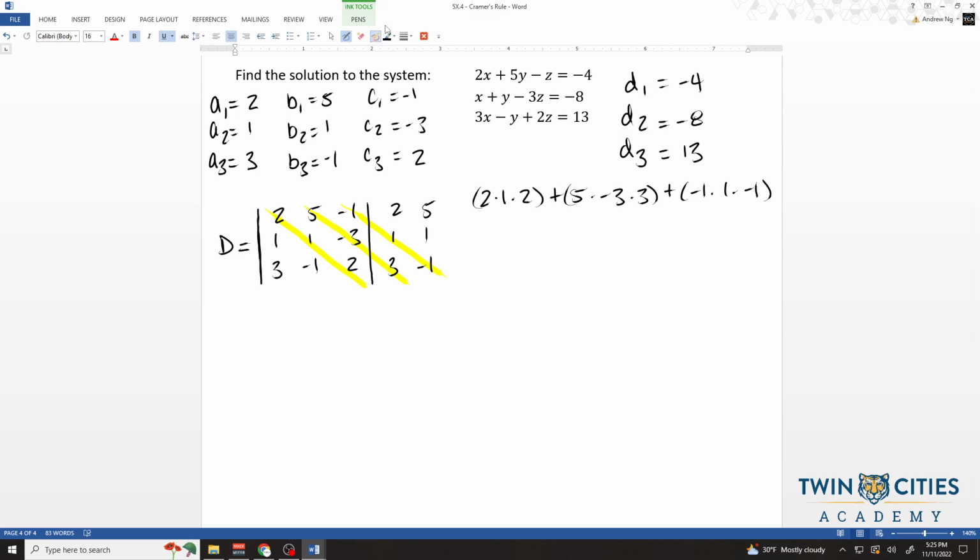Then I'm going to subtract going the other direction now. So that's going to be these diagonals. Subtracting -1 times 1 times 3. Subtracting 2 times -3 times -1.